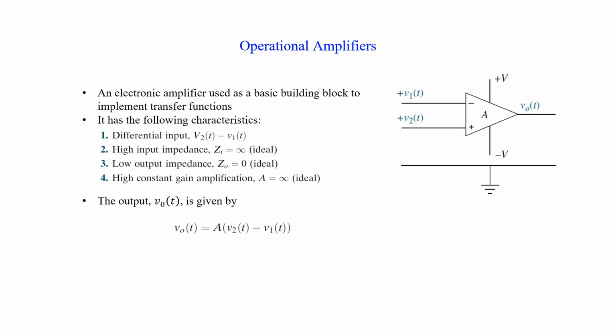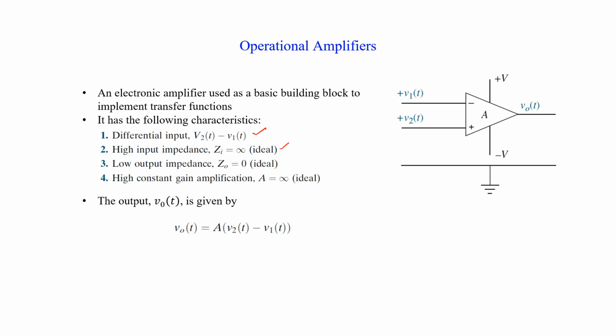So the operational amplifiers are the electronic amplifiers. They are also used to implement the transfer functions. So ideal operational amplifiers have the following characteristics. They have the differential input, and they have ideally very high input impedance.